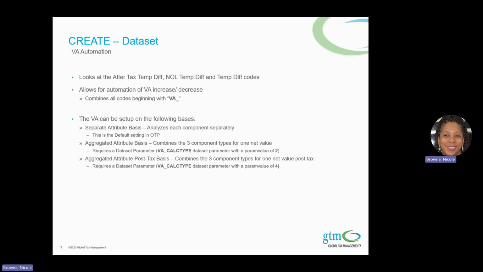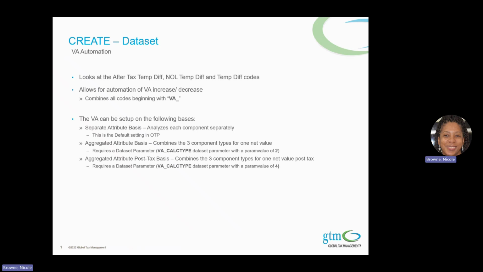So your three categories that I just mentioned, that's your separate attribute basis. There is also the ability to aggregate in two different ways. One is aggregating at the pre-tax basis, and the other one is aggregating post or after tax, where it combines all three components to give you a net value.